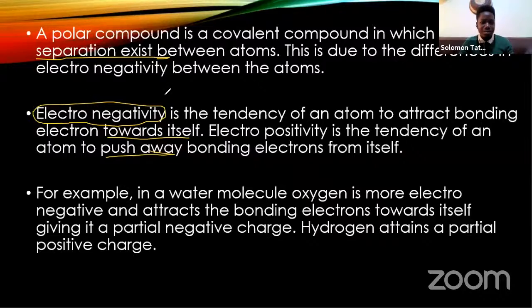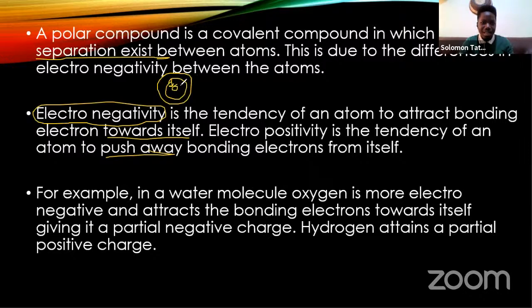When you look at an atom, we have a nucleus inside, and then we have the shells or orbitals where electrons are found. The electrons in the orbitals are always attracted towards the nucleus, since the nucleus is positive, and we know unlike charges attract each other.